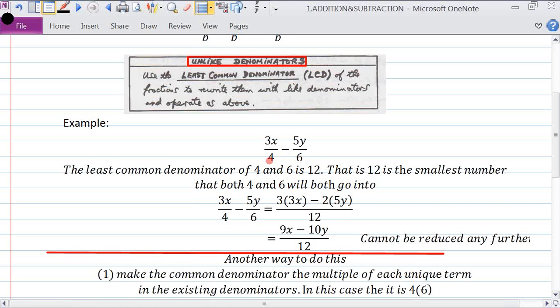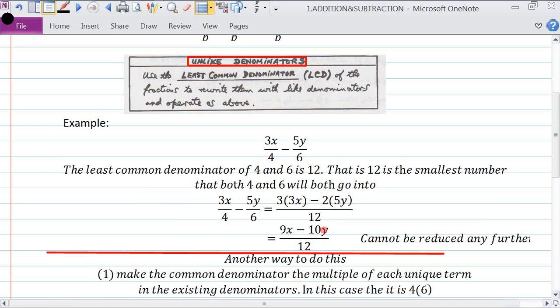We ask ourselves, what's the lowest number that 4 and 6 will both go into? And the number is 12. 12 divided by 4 will give me 3. 12 divided by 6 will give me 2. And so now I will have 9x minus 10y over 12.